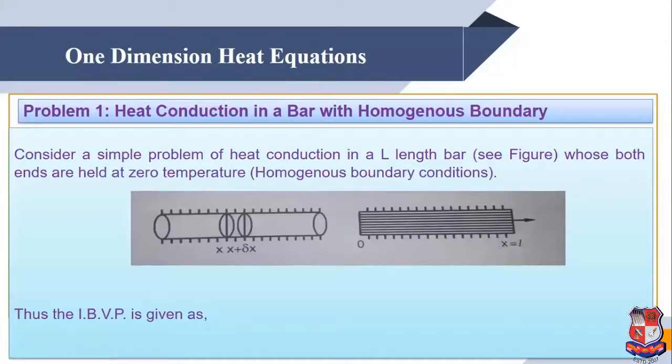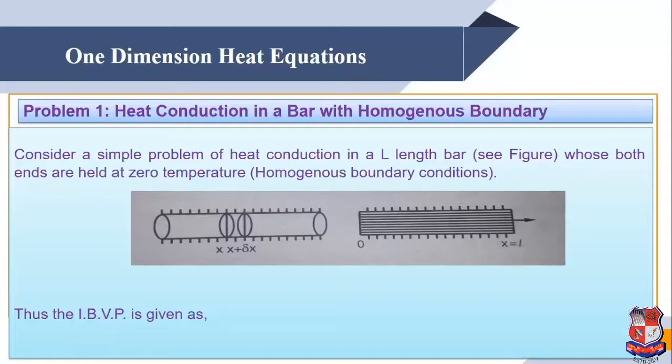In the previous lecture, we discussed how to solve a PDE using the separable variable method. Also, we discussed two examples. One example is a first order PDE and the second example is a second order PDE.